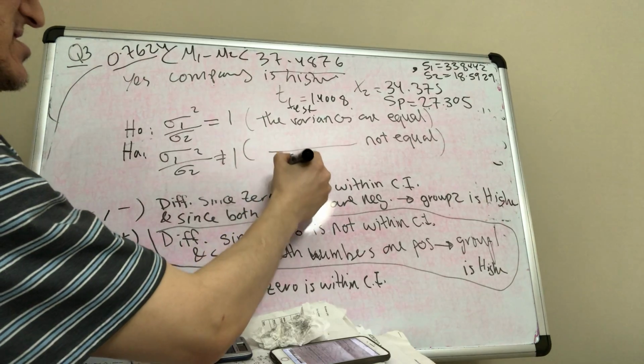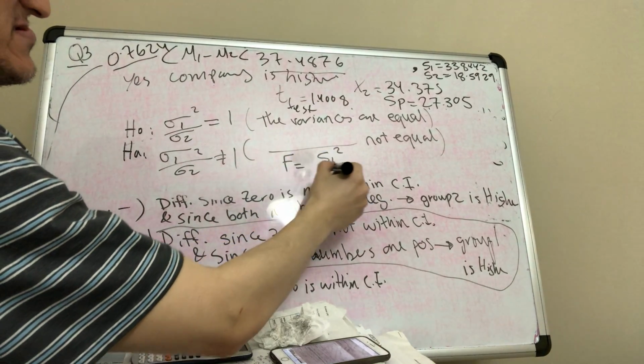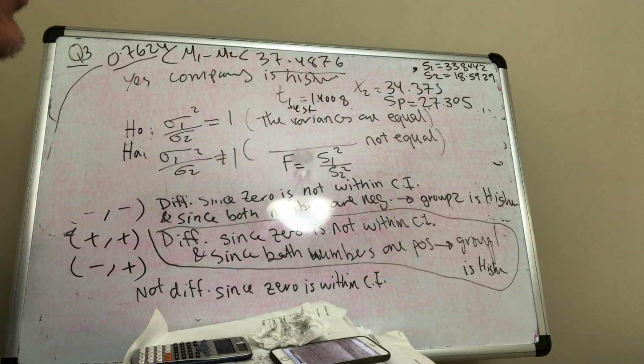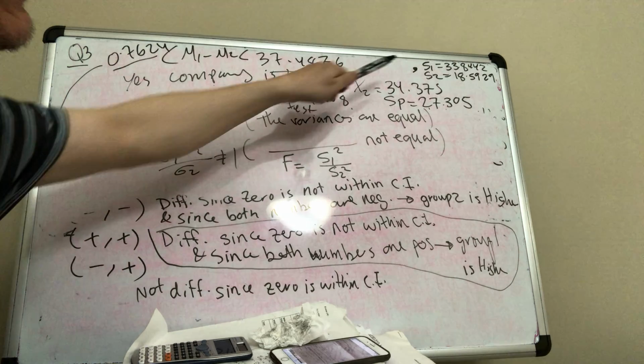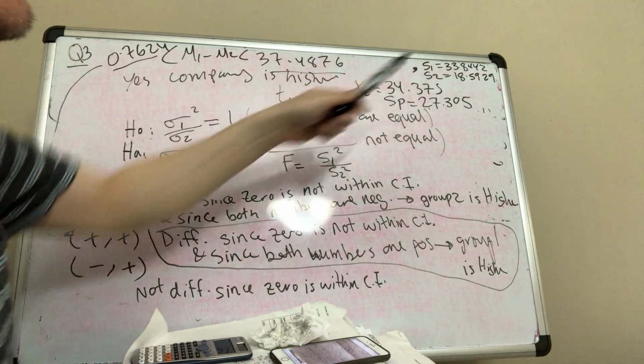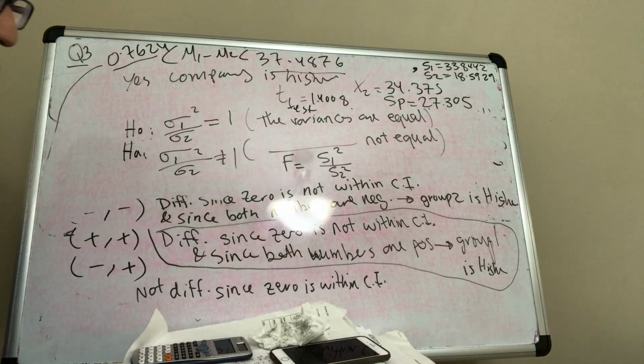For the actual test, it's the F test, and it's S1 squared over S2 squared. And you've got to make sure that S1 is the higher standard deviation, or else leave it as it is, S1 squared over S2 squared.